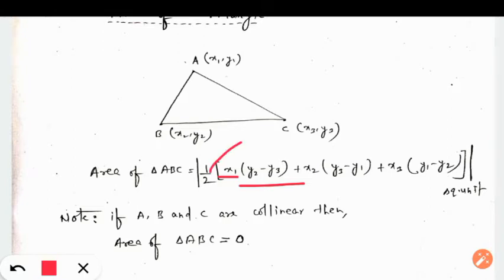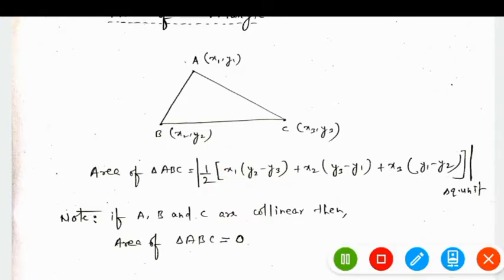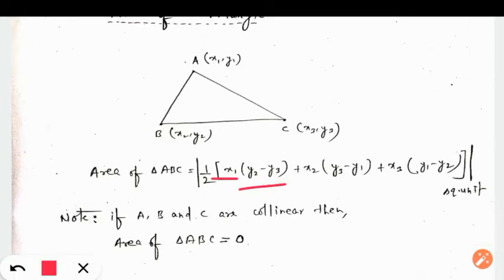So when x with suffix 1 is there, within the bracket there should be y with suffix 2 and 3. So x1 with 1 only, y with 2 and 3, and here y2 minus y3, that means we are subtracting greater from smaller. You can memorize like this.